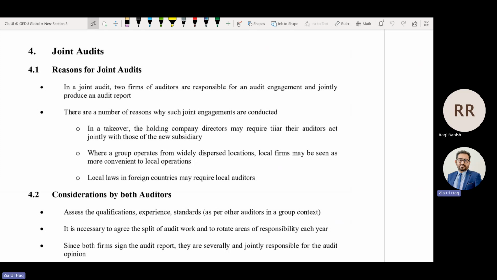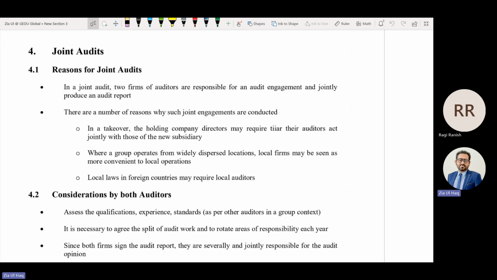Normally it happens in group audit when you have a subsidiary in a foreign country, and that country's law and regulation could be different. That country's accounting standards could be different. Auditing standards could be different, or corporate governance codes could be different.